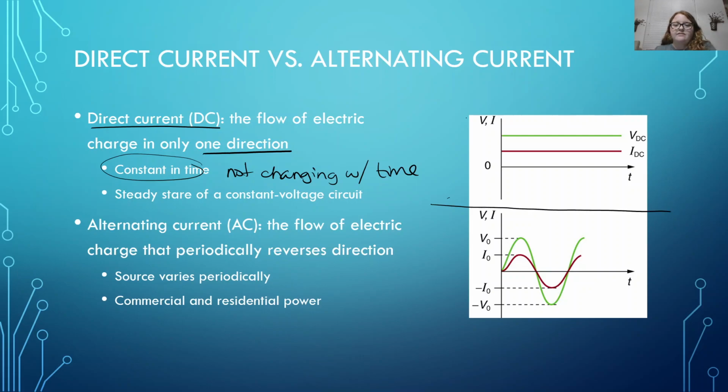This top half shows DC. Again, it's constant in time. We can see that the voltage stays the same and the current stays the same.